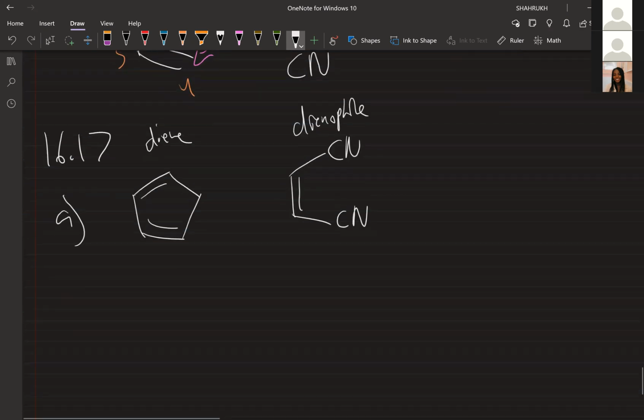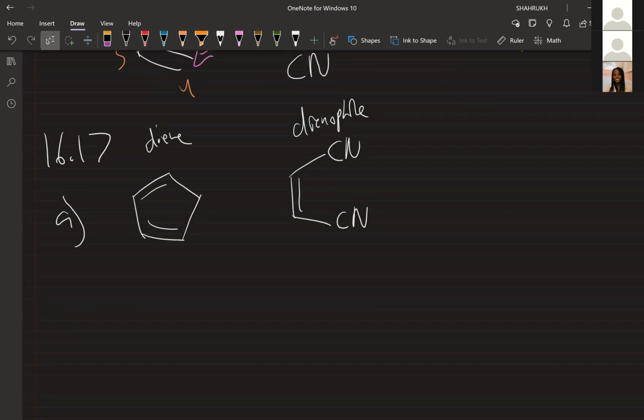All right. So now, once again, let's label our carbons. We'll call this 1, 2, 3, 4. We'll call this one 5, and we'll call this 6 and 7. Once again, the bonding works the same way. The final product is going to be a bicyclic product.